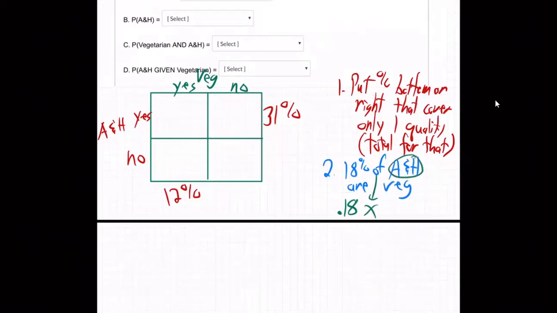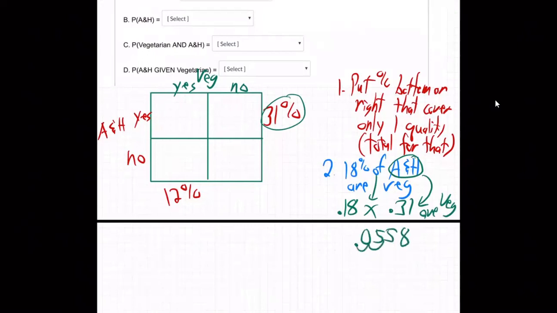So 0.18 of, times, A and H. What's A and H? 31%, right? So 0.31. Multiply that on your calculator. This is tricky. I'm getting 0.0558.